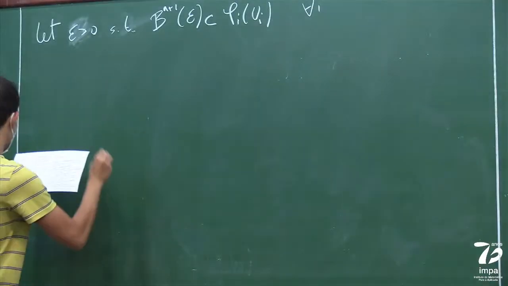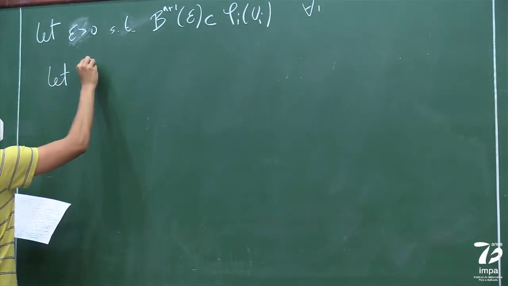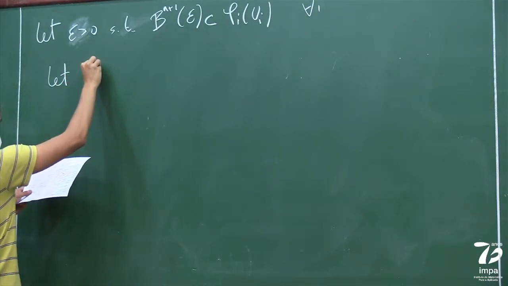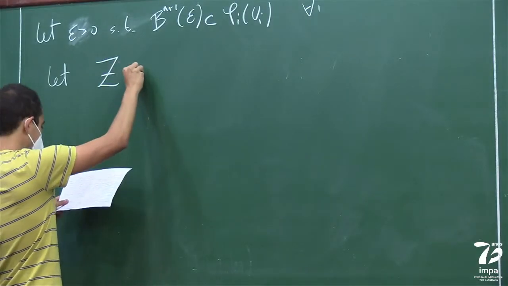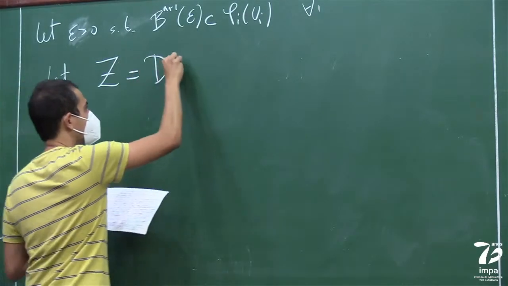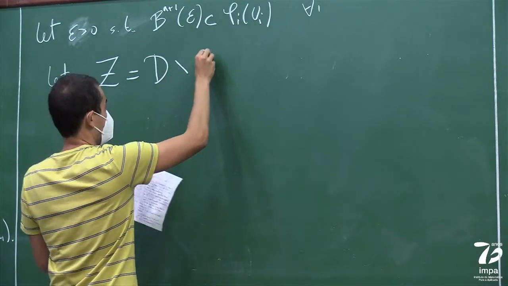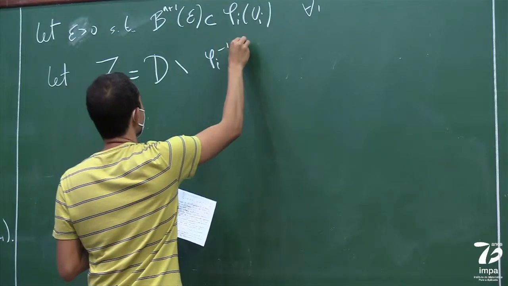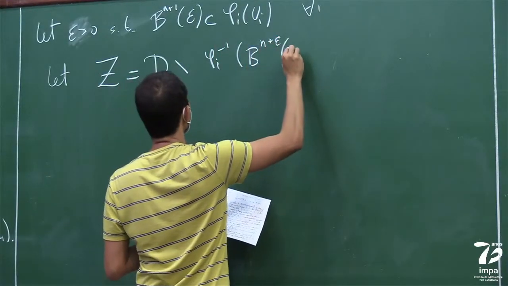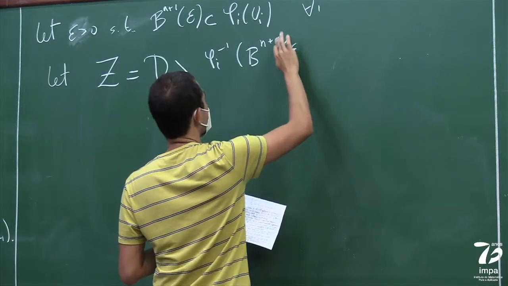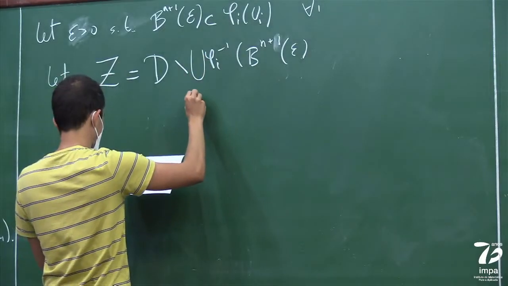So now we can define, maybe I'll call this Z, this set D minus the inverse image of these balls. No, n plus 1. The union over i.